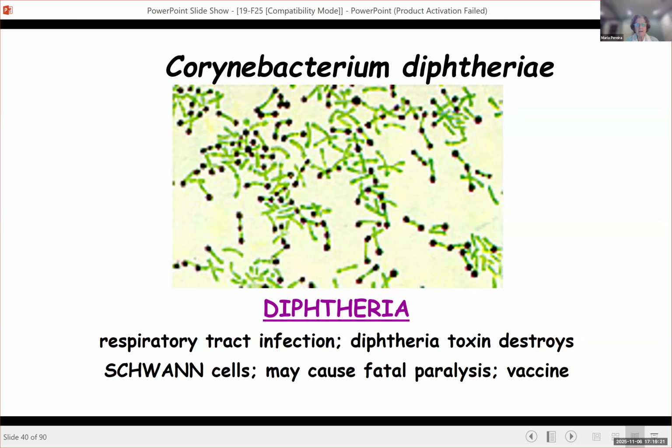Remember, the myelin is produced by cells that are alive. If there are toxins that kill the cells, then that's not good. So diphtheria is caused by the bacteria Corynebacterium diphtheriae, that affects mostly the respiratory tract. There is a vaccine, fortunately. Don't think that it's easy to make vaccines. It can take years.